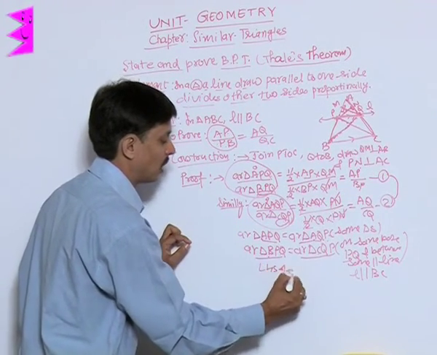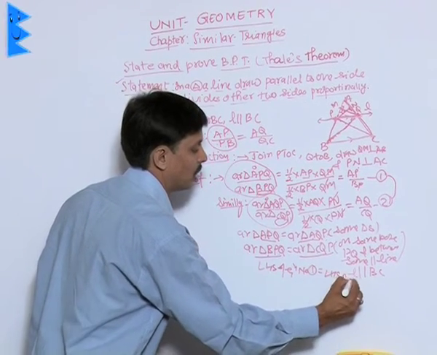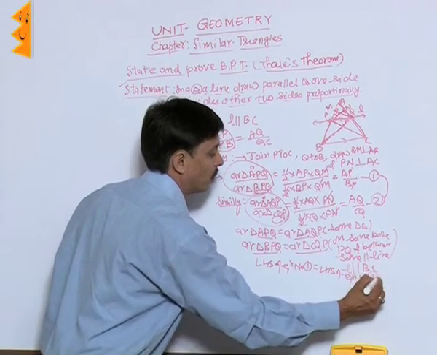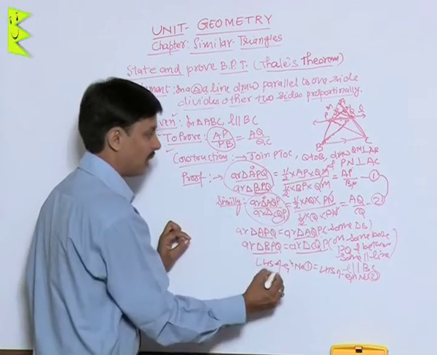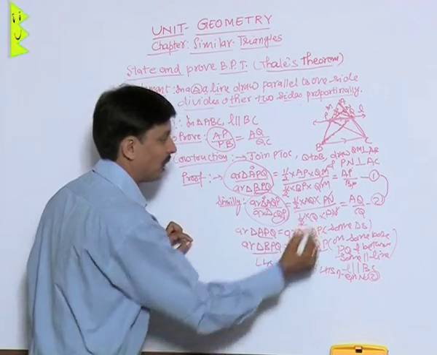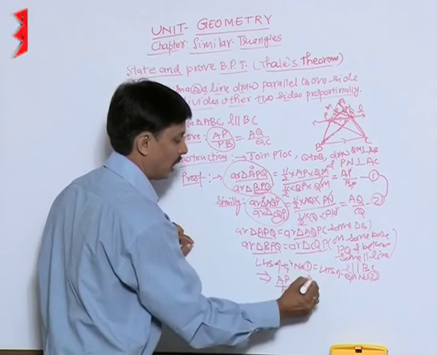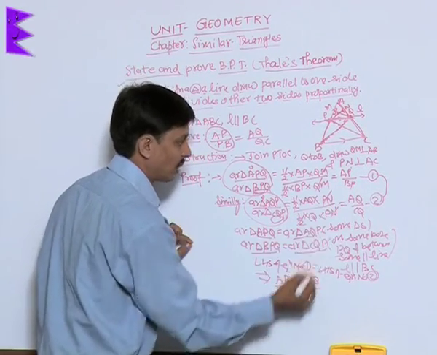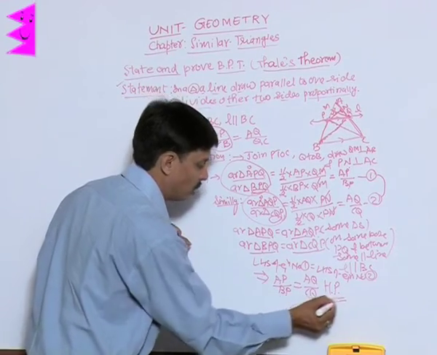LHS of equation number 1 is the same as LHS of equation number 2. So this implies their right hand sides have to be equal, meaning we can say AP upon BP is equal to AQ upon CQ, which is the required result which we would like to prove.